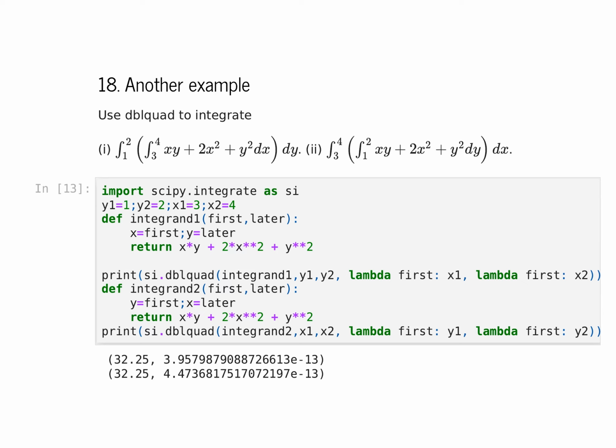For the second integration order, dy then dx, we define integrand2, where first is y and later is x. The dblquad call then uses x1, x2 as outer limits for x, and lambdas for y1 to y2 as inner limits. Both results are printed, and as expected, they should be numerically identical.